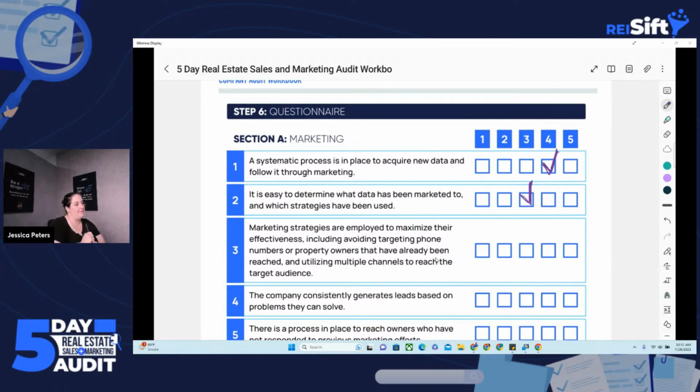1 through 5. If you guys want to vote, or whoever votes first, I can take their score. So type it in, 1 through 5. Are you always doing this? 5, or do you feel like you're a 1? You need to really tighten this up. I'll wait a minute, because sometimes there's a delay.